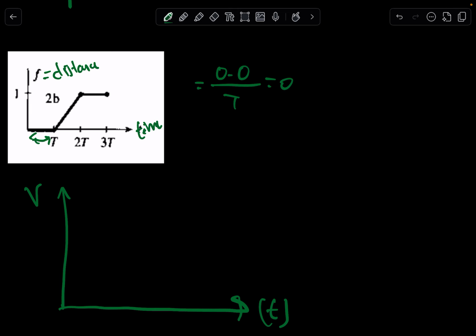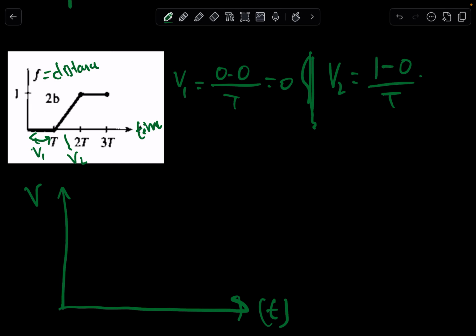So our velocity 1 here, we can call it v1. It's equal to 0. Let's do v2, which is here, just a separation. We'll call this v2: 1 minus 0 over t. 2t minus 1t equals 1t.